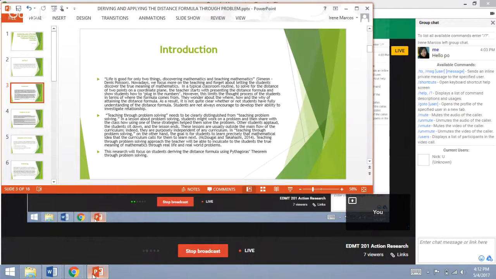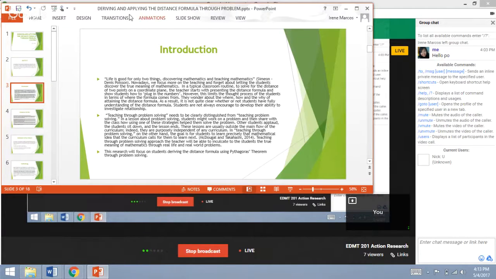With the teaching through problem solving approach, the teacher will be able to inculcate in the students the true meaning of mathematics through real life and real world problems. So my research is focusing on students deriving the distance formula using the Pythagoras theorem through problem solving, and the interaction among the students as well as between the teacher and the students.